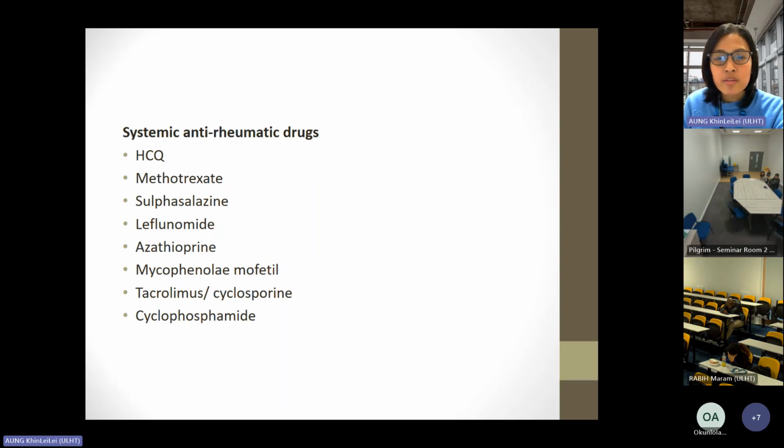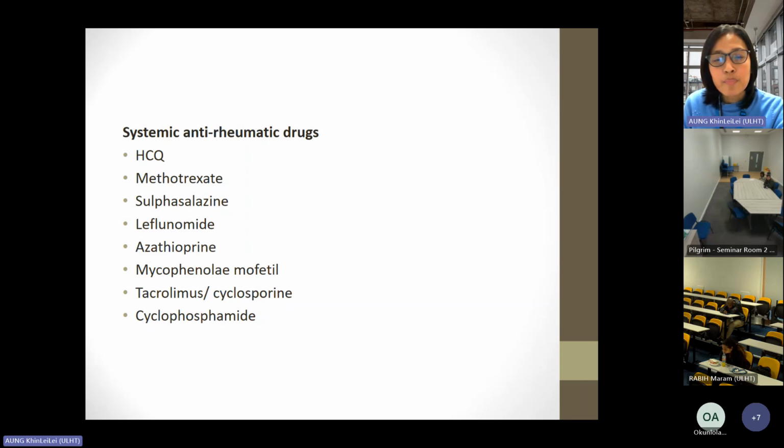Maybe we use azathioprine, mycophenolate, and tacrolimus for moderate disease activity. Cyclophosphamide, we used oral before, but we rarely use oral cyclophosphamide now. We use IV cyclophosphamide. It is reserved for life-threatening conditions, very severe disease activity.